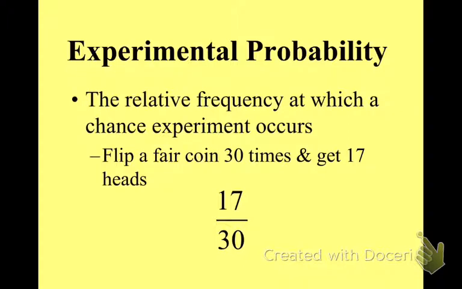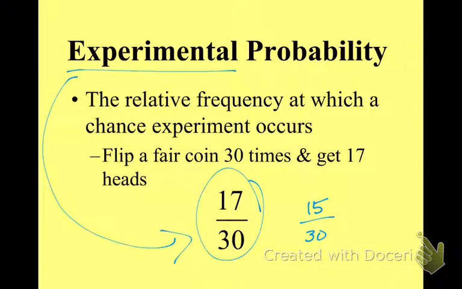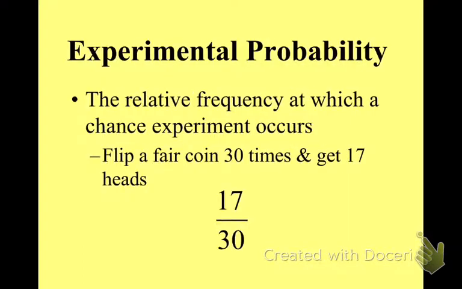However, theoretical probability, which is the next term we learn, is what you would expect to happen, which is 15 out of 30. So 17 is greater than what you would expect, but this is when you conduct the experiment. This is the experimental probability: what you actually got versus what you would expect to happen, which is the theoretical probability.